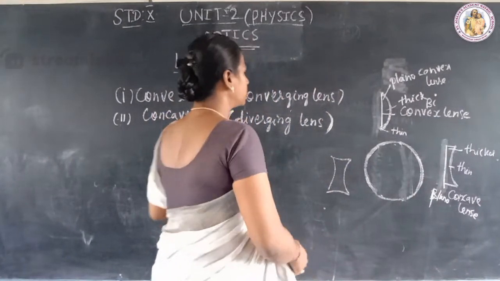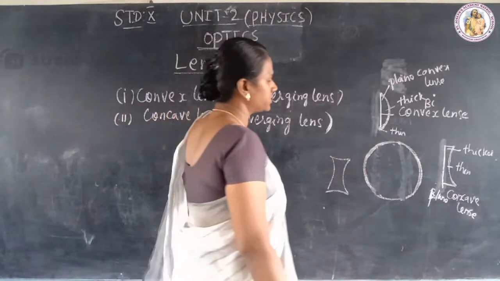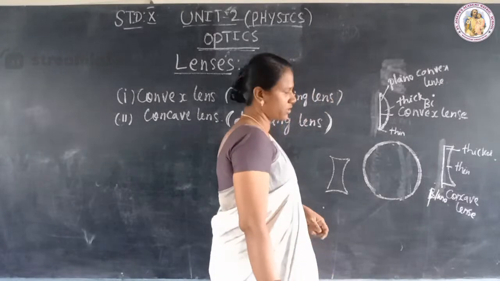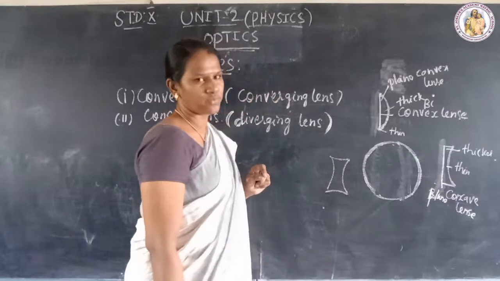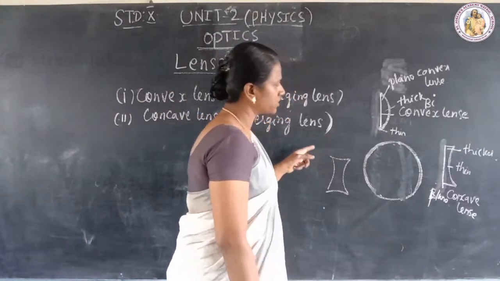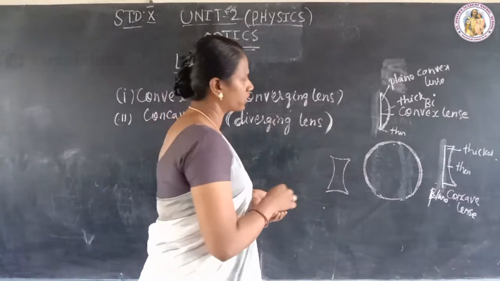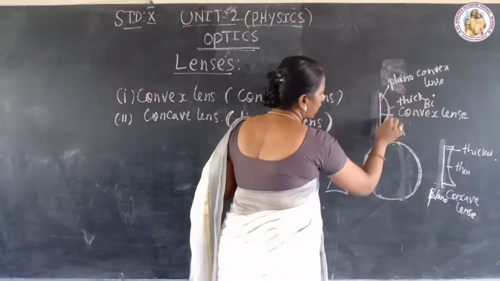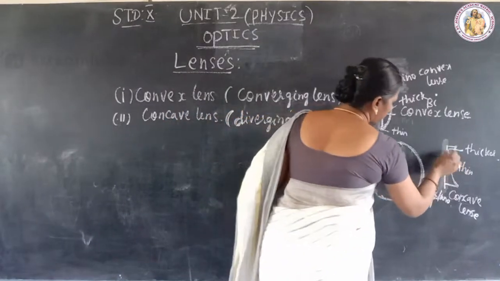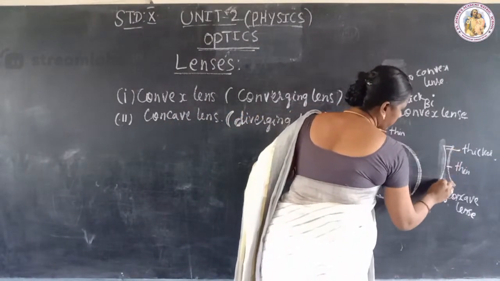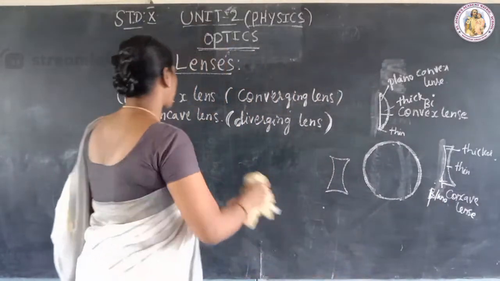So these are the convex and concave lenses, which are made from parts of the spherical mirror. If the spherical surface is curved outward, it is called a convex lens. If the surface is curved inward, it is called a concave lens.